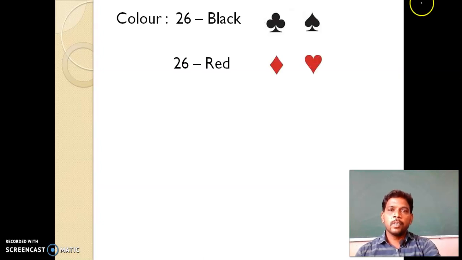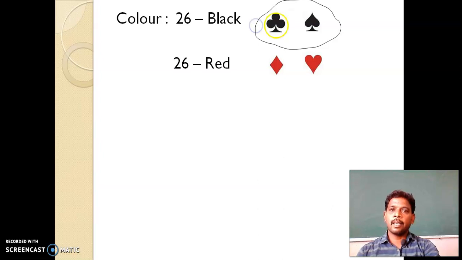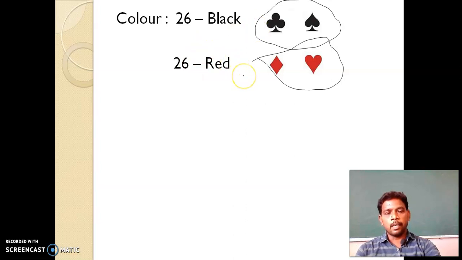Club and spade cards are always black, and diamond and heart cards are red. So we can classify the 52 cards according to color: 26 black and 26 red.